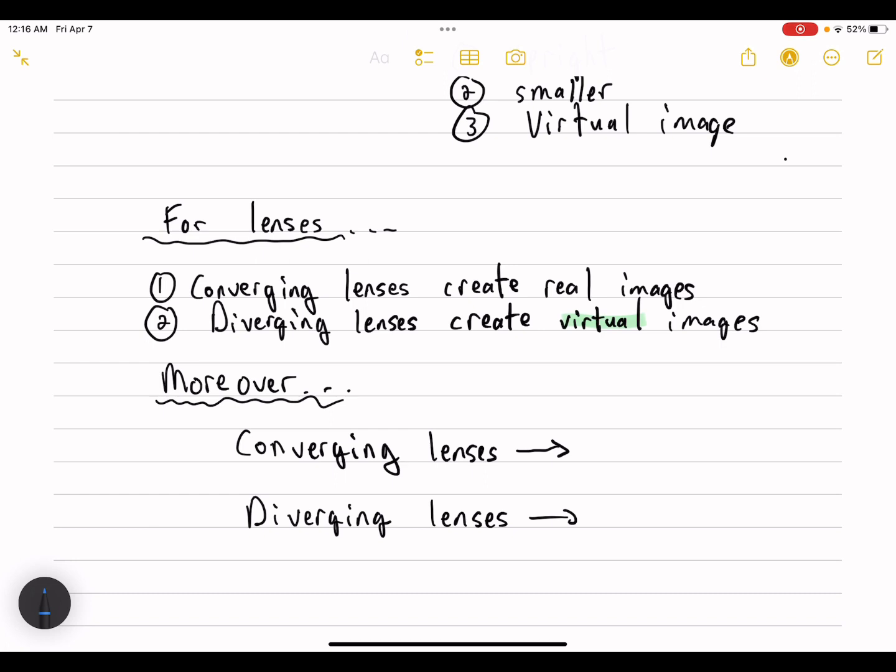Moreover, converging lenses would have a positive focal length, which is given as the variable f. So I'll just write focal length here.